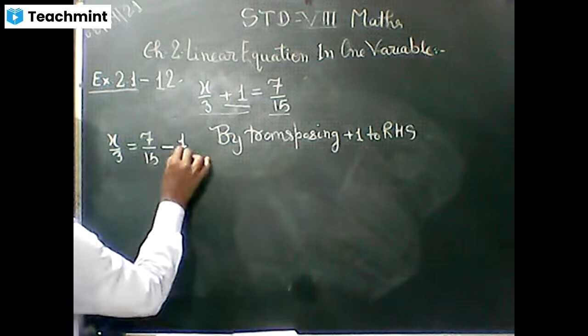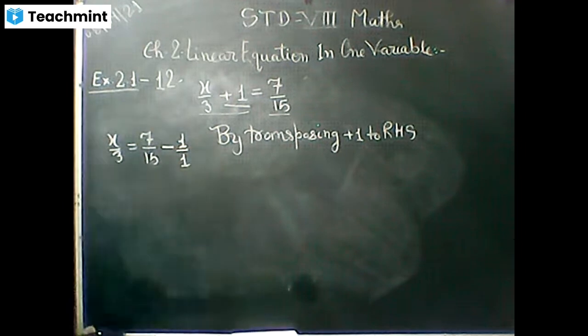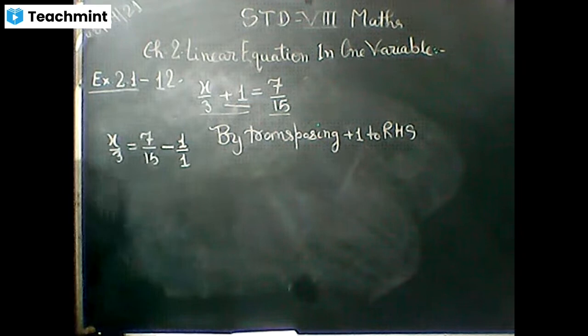As a rational number, we can write 1 as 1 by 1.